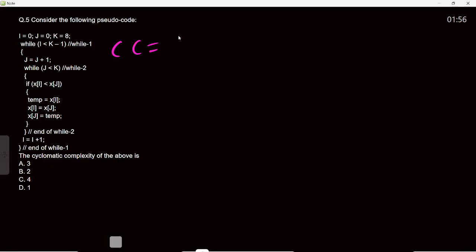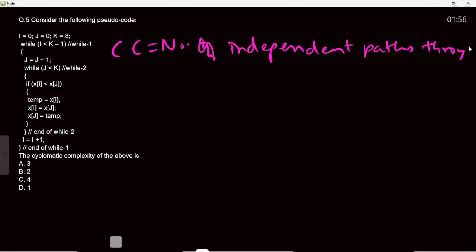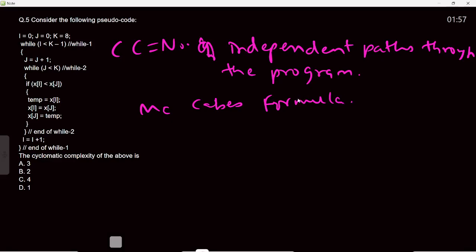CC is equal to the number of independent paths through the program. Here we could use McCabe's formula.